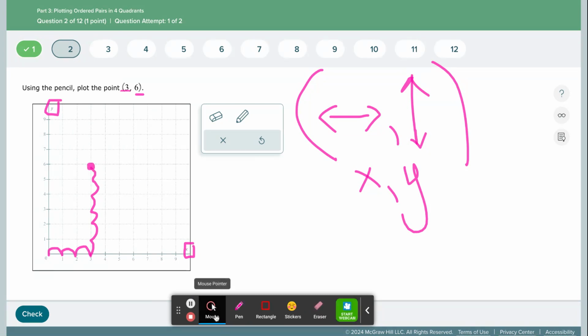Now I do want to go back and point this out. Some kids will start here. They know that they start at 0, but then when they start counting, they go 1, 2, 3, 4, 5, 6. If you're sitting here, you can't count that as a 1.